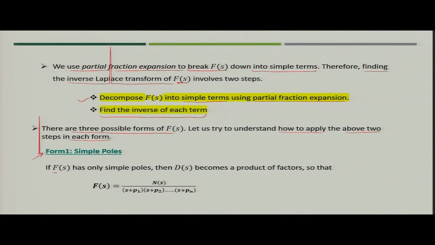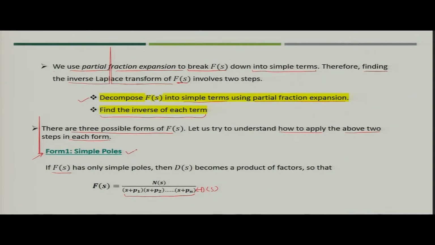That means you have a Laplace transform F(s) represented as a numerator polynomial divided by a denominator, where the denominator can be represented in the form of a product of factors, that is (s + p1)(s + p2)(s + p3) and so on.